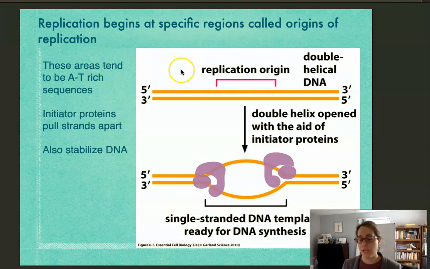So replication actually begins at specific places in the genome. And these are called origins of replication. And these origins of replication are regions of DNA that have specific types of nucleotides. So we said, I think it was last week, that GC pairs have 3 hydrogen bonds, whereas AT pairs have 2.